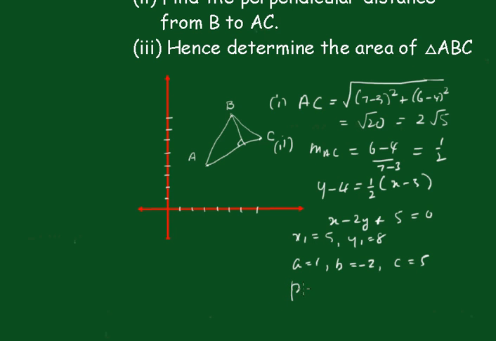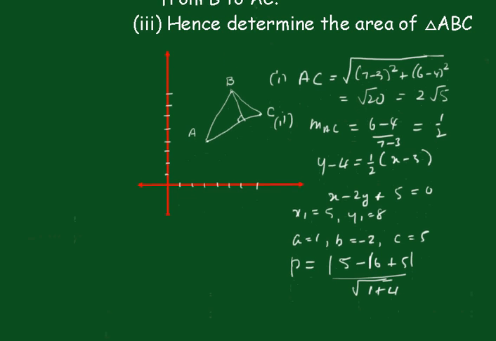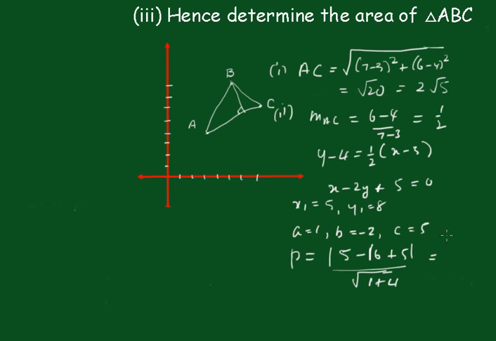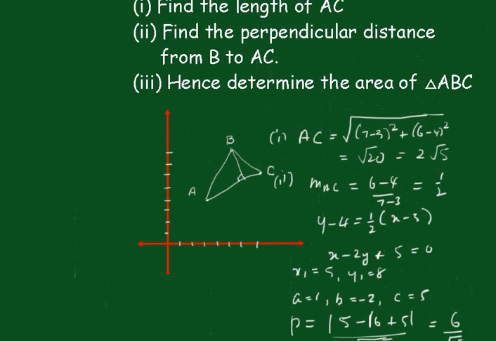So P is equal to 1 times 5 is 5, and minus 16 plus 5, all over the square root of 1 squared, which is 1, plus minus 2 squared, which is 4. That comes out to 6 over root 5, or if you like, 6 root 5 over 5. And we found the perpendicular distance from B to AC.